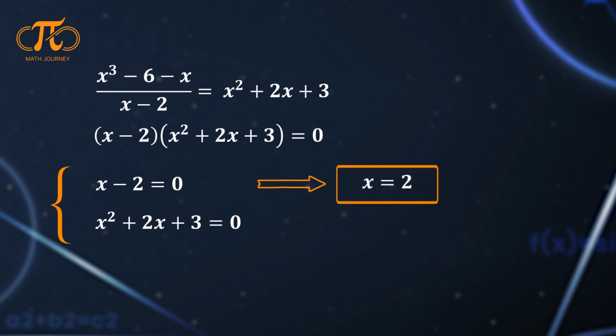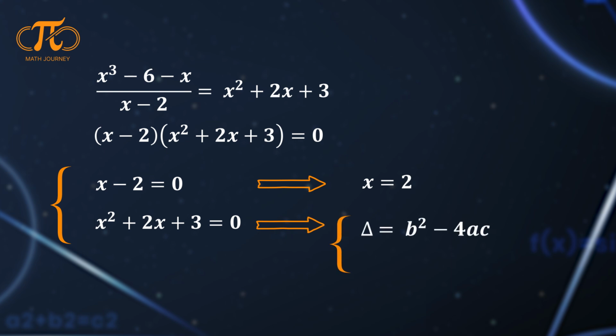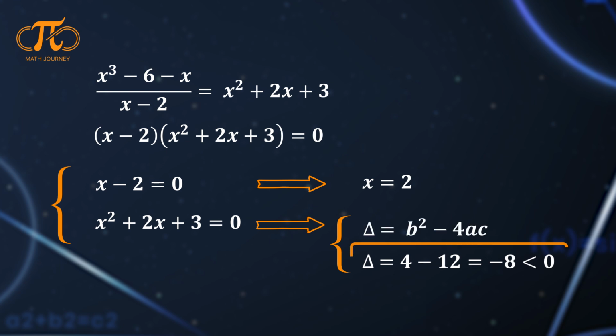Now, let's look at the second factor, x² + 2x + 3 = 0. We'll check if it has any real roots by calculating the discriminant. The discriminant is b² − 4ac, which equals 4 − 12, giving −8. Since the discriminant is negative, there are no real solutions for this factor. So, the only real solution for our equation is x = 2.